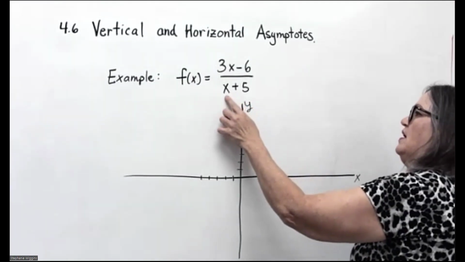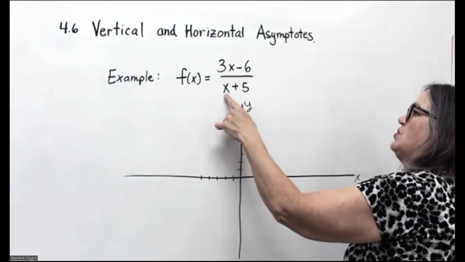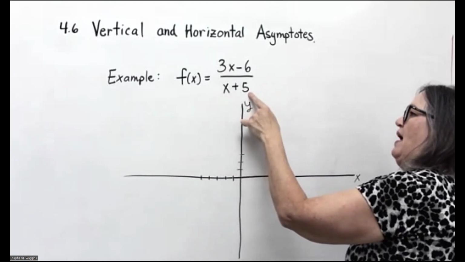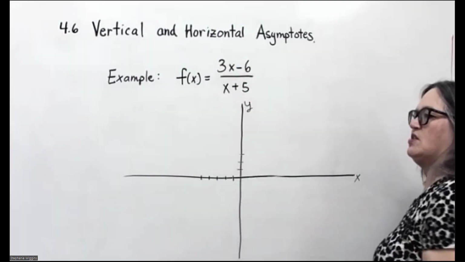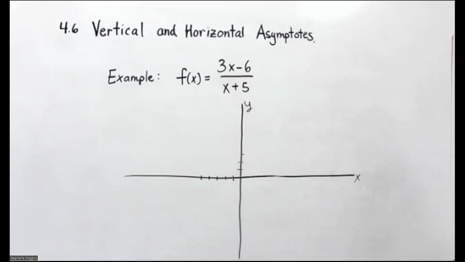In that case, you're going to blow up, right? Because you're going to have -5.0001, you're going to add 5, and so your denominator is going to be really close to 0, and you're going to be dividing by an extremely small number. When you divide by an extremely small number, you get a very, very large number.